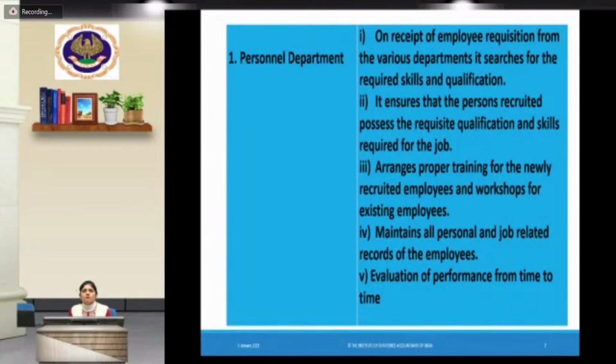So for coordinating and organizing training and development programs, the department has a major role to play.